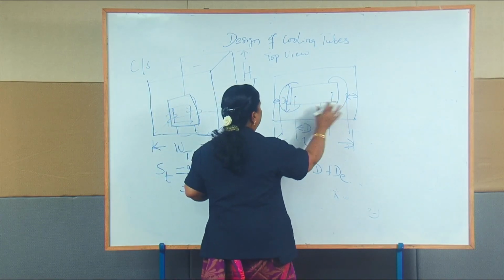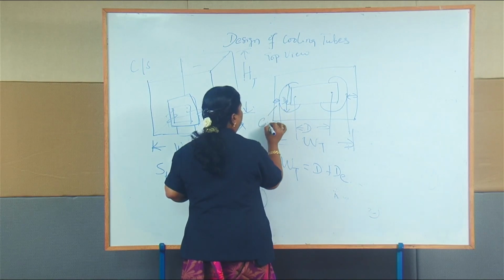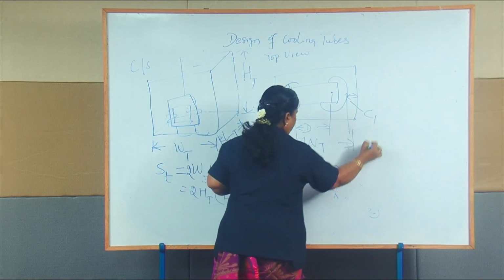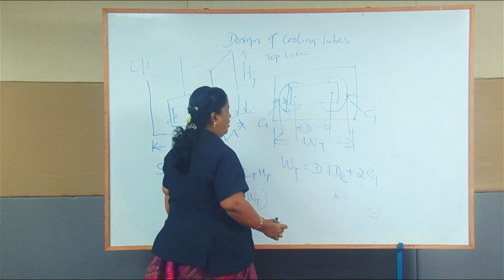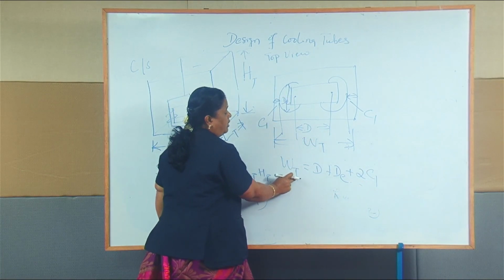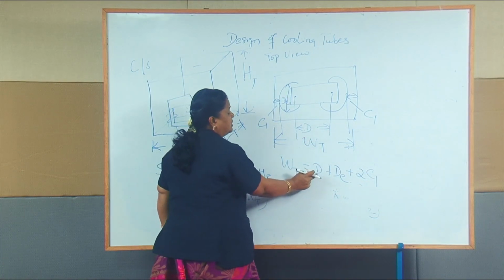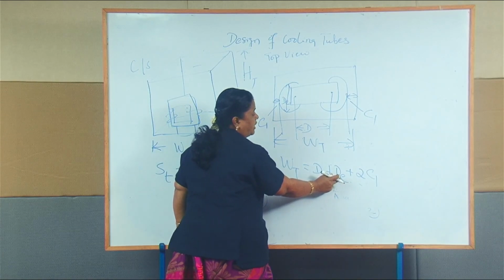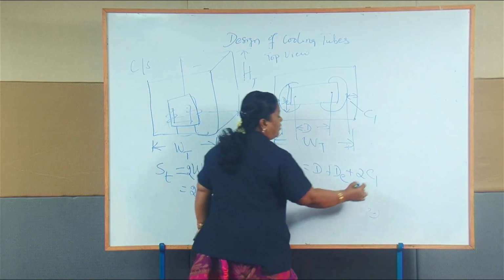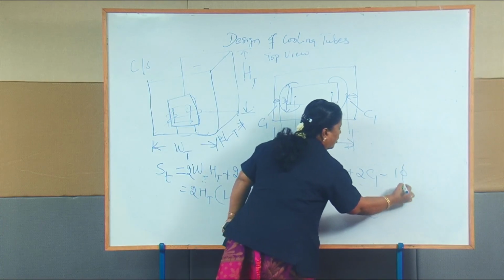Let us assume the clearance as C1, so that becomes 2C1. So, the width of the transformer is the distance between the two limbs, capital D, plus the external diameter of the winding, plus 2C1. This is for a single phase transformer.